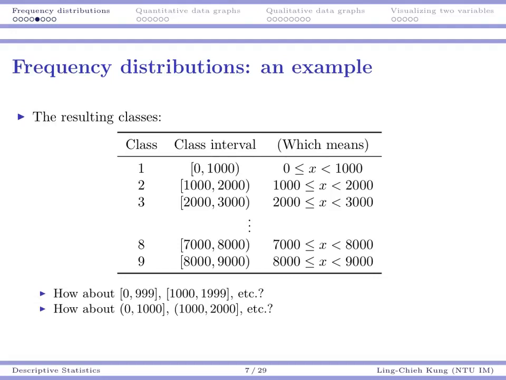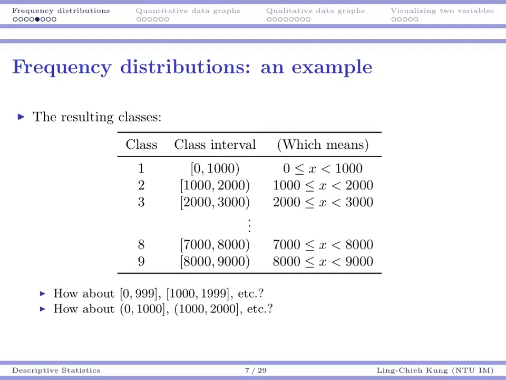One thing to keep in mind is when you describe your class intervals, you need to make sure that these class intervals are not overlapping with each other, and at the same time, they are continuous. If you combine all of them, they give you one single large interval with no hole inside it.